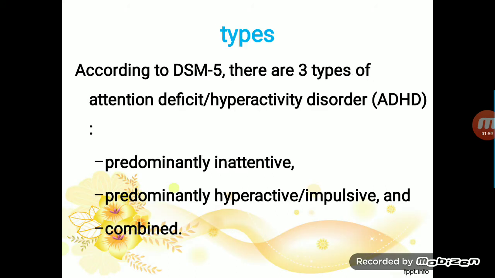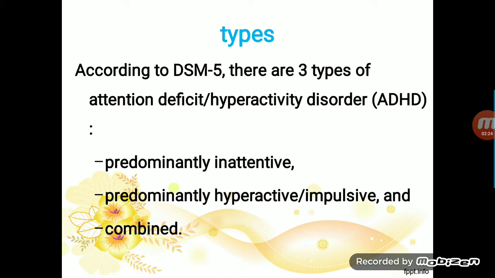Now the types. Coming to types, these types were given by DSM-5. So according to DSM-5, they have classified ADHD into 3 types: the first is predominantly inattentive, the second is predominantly hyperactive and impulsive, and the last one is combined. So in the first type, the child will have a problem only in attention level.